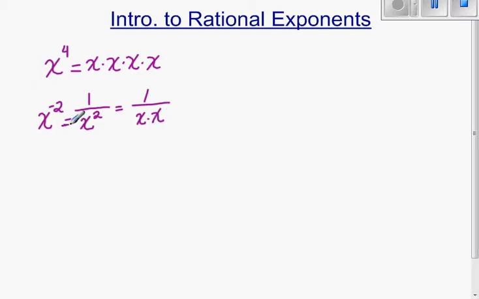We also have exponents that are rational exponents. If you look at the word rational, its root word is ratio, referring to a fraction. So a rational exponent is simply an exponent that is fractional.